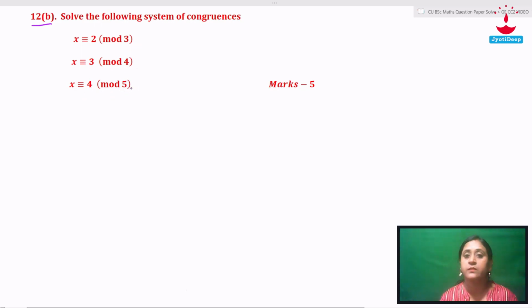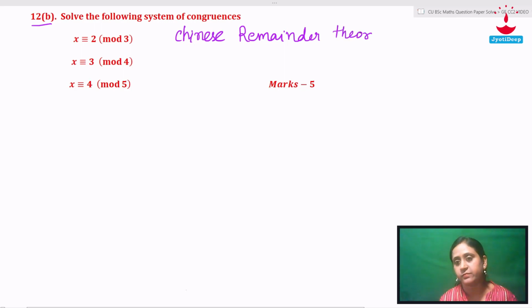Okay, so basically here we have to find the value of x, the unique solution for all three systems of congruences. How do we solve? We are going to use here the Chinese remainder theorem.